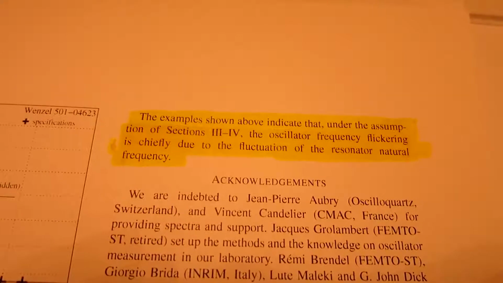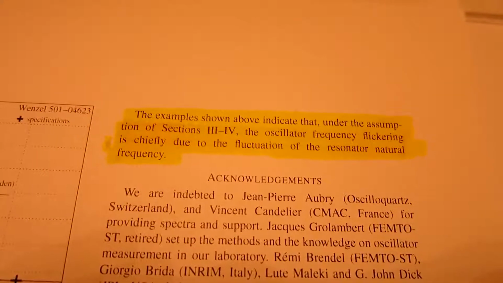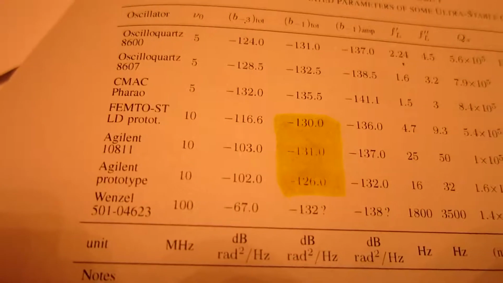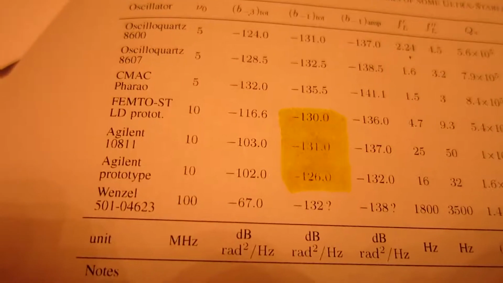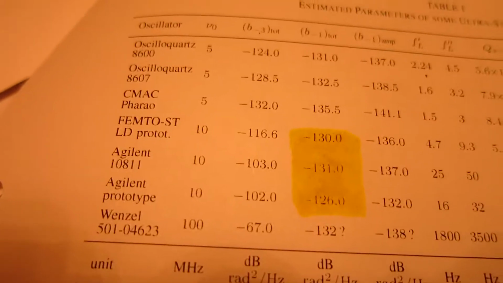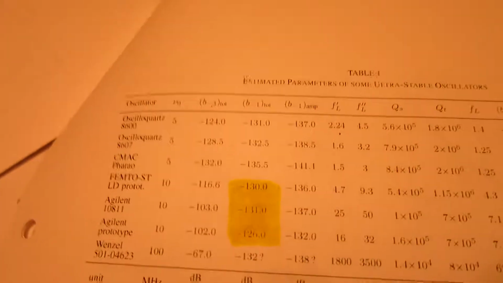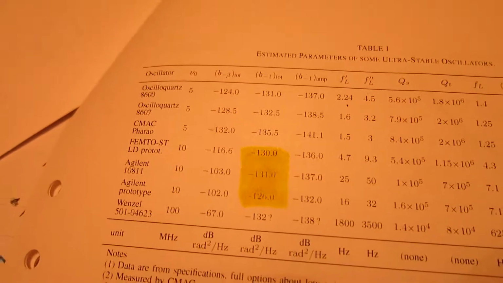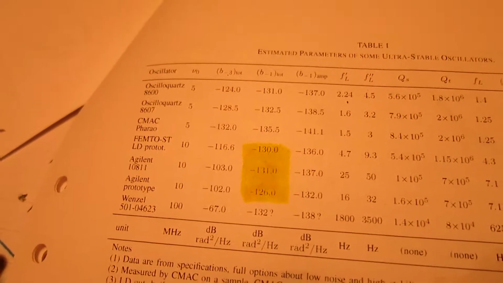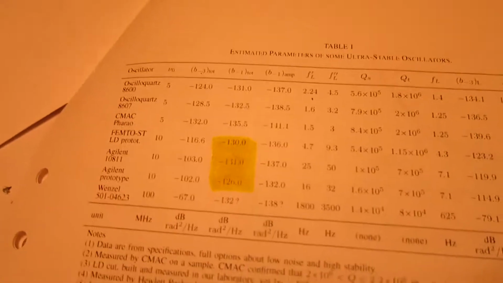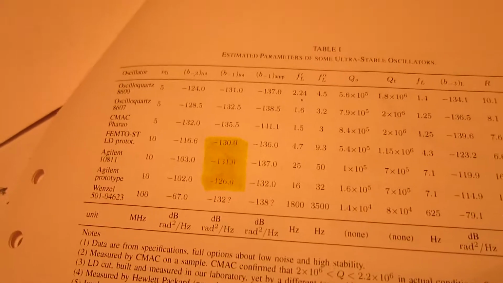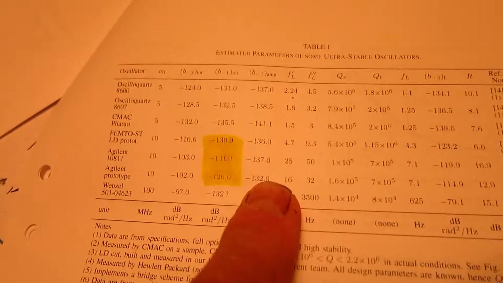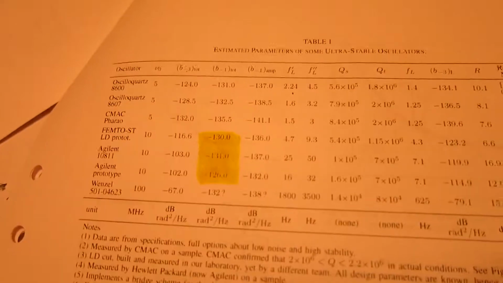There is a contribution from flicker noise in the amplifier, but it is smaller. 3 different oscillators were studied in the paper, and they all have a B minus 1 in the order of minus 130, or a little bit better. There is a contribution from the amplifier that would have to be subtracted to get the contribution from the crystal.